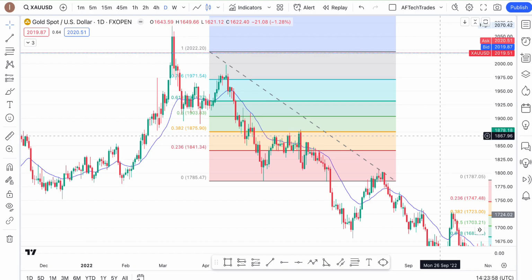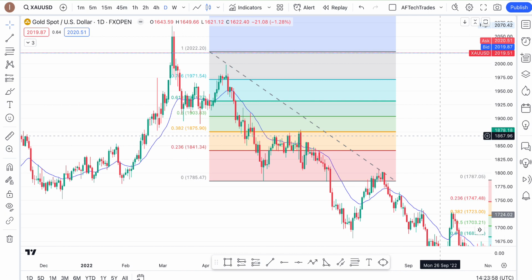Fibonacci levels should be used in combination with price action. Take note of this. It should not be used alone. It should be used in combination with price action, maybe with other things like candlestick patterns. You understand? So you don't just jump into a trade because you have plotted your Fibonacci tool and you say, okay, this trade is going this way, let me just enter.